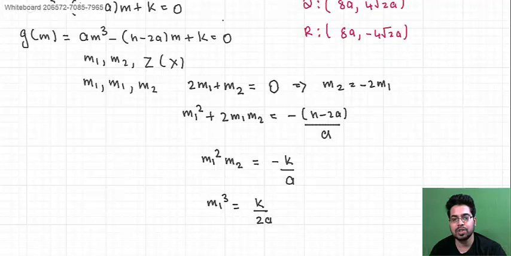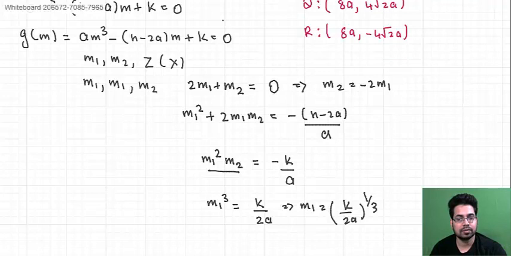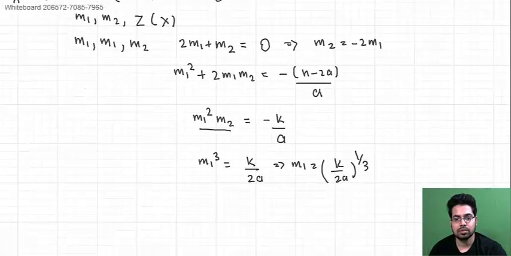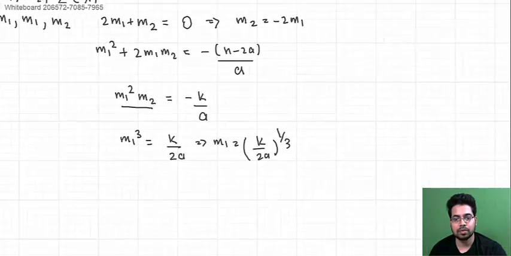All I have done is substitute m2 equals minus 2 m1 in this equation. So from here I am getting m1 equal to (k by 2a) to the power 1 by 3.